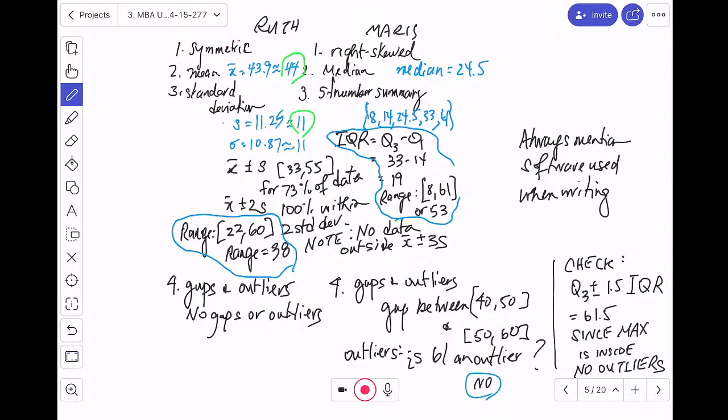Because science should be replicable. Other people should be able to, with the same data and the same resources, get the same answers.